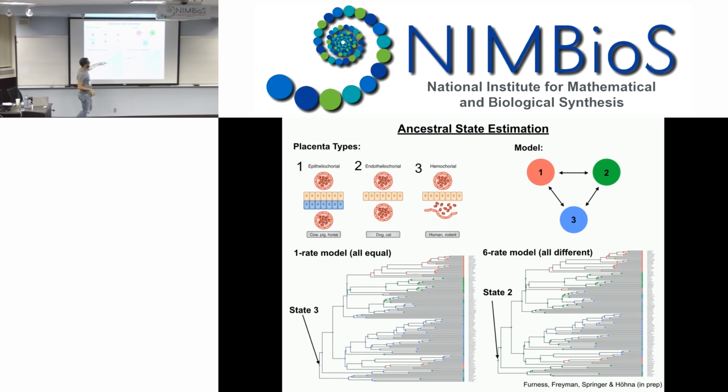An interesting feature there is that we can also see that an irreversible model is more supported. So you start at the endothelial state, and then you go to the hemichorial or to the epithelial state, but you never return back. It's really just that directional one, which you can see.